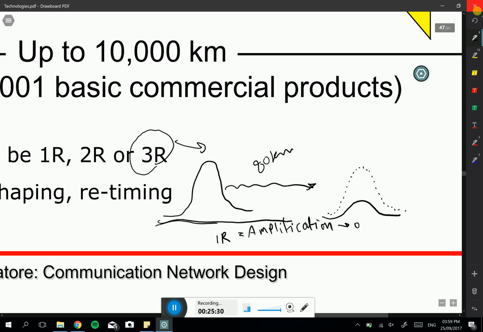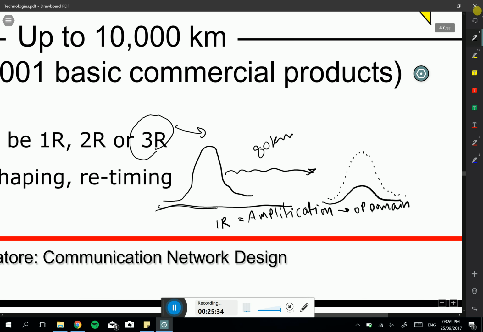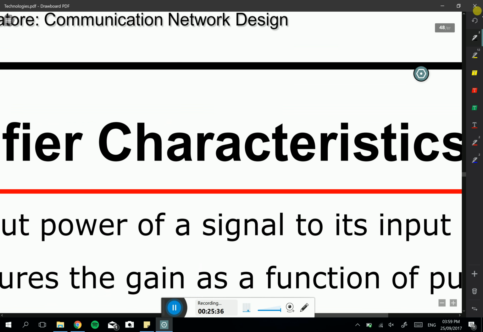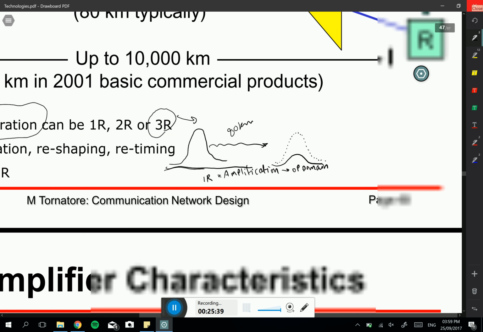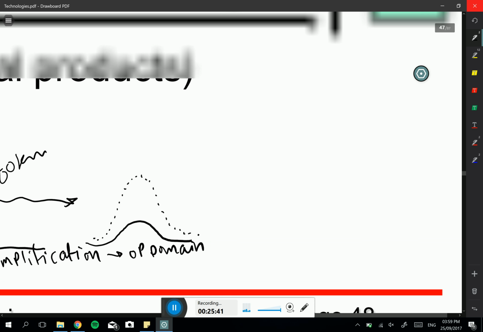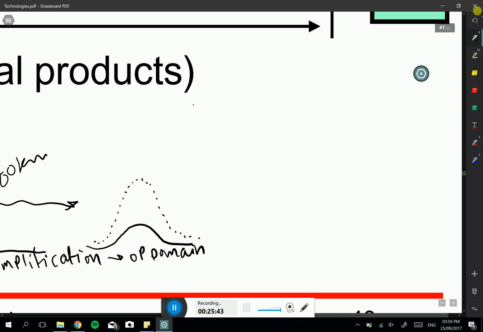The second R, though, is another aspect of regeneration, which is called reshaping. What does it mean, reshaping?